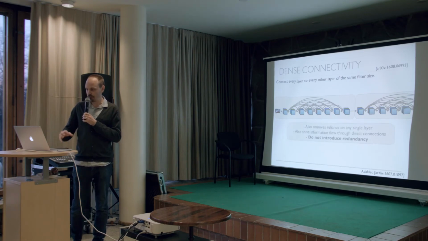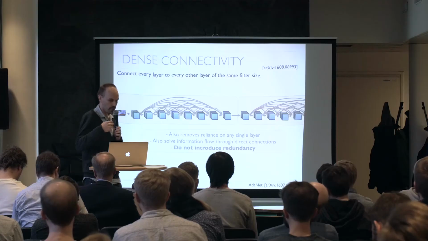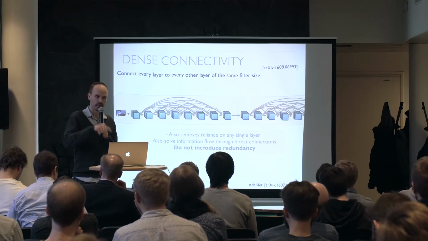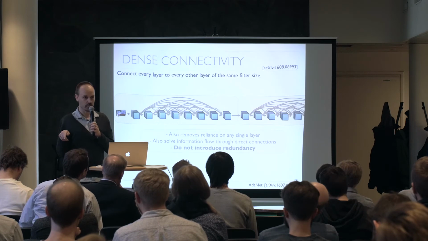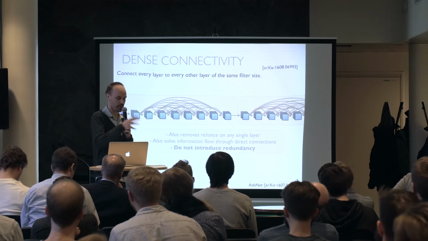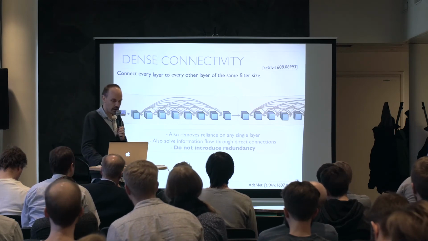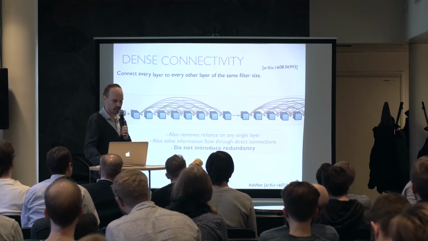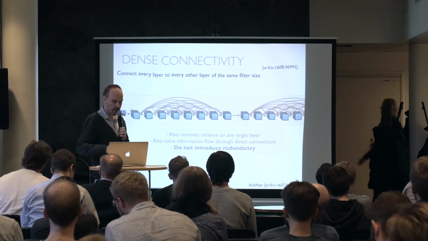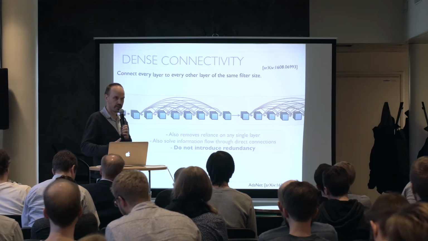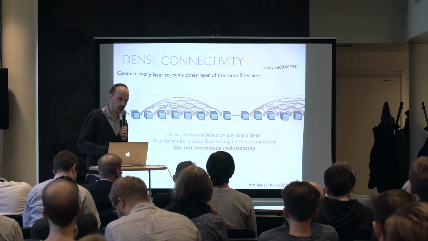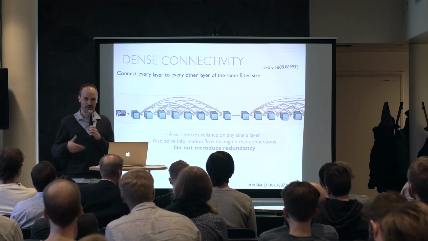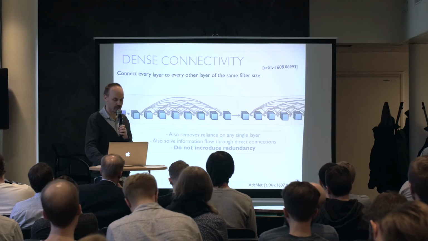This also removes the reliance on any single layer, because all of the layers get input not only from the previous layer but from all the previous ones, and this also solves the information flow through the direct connections, and this doesn't introduce redundancy between the weights. So now the different layers don't need to encode the same thing because we are not dropping them.